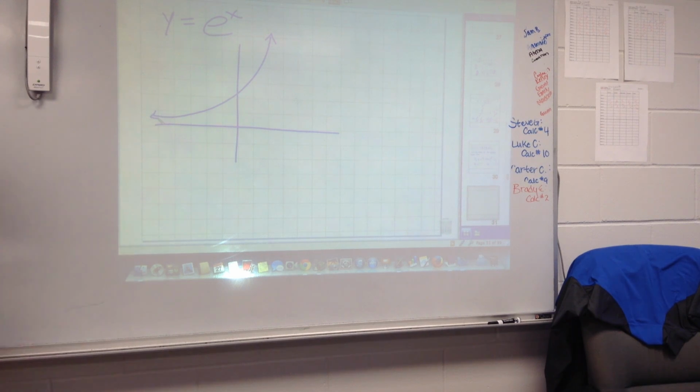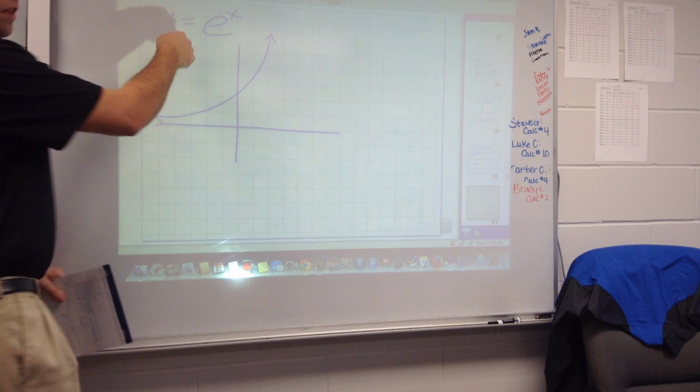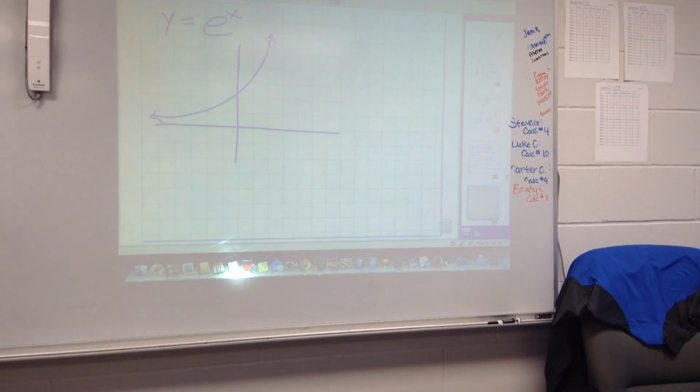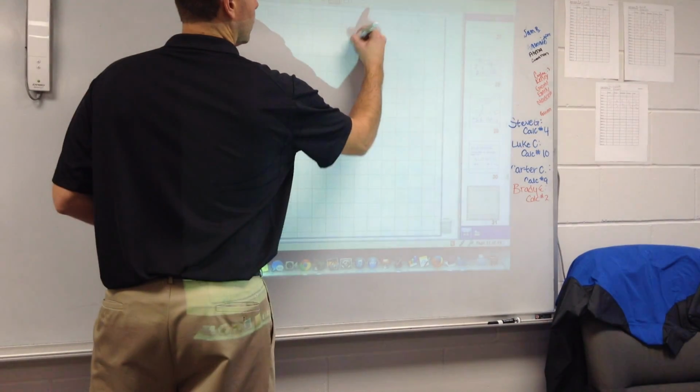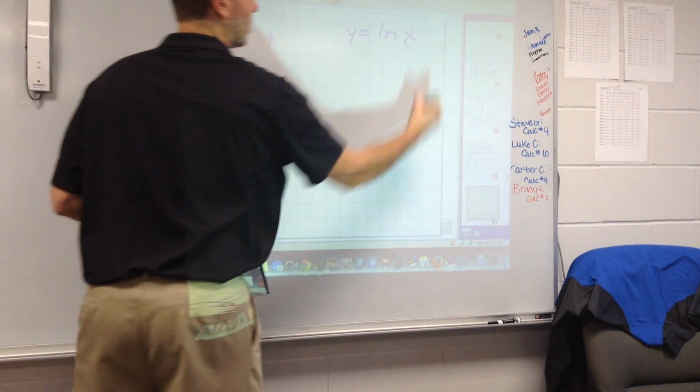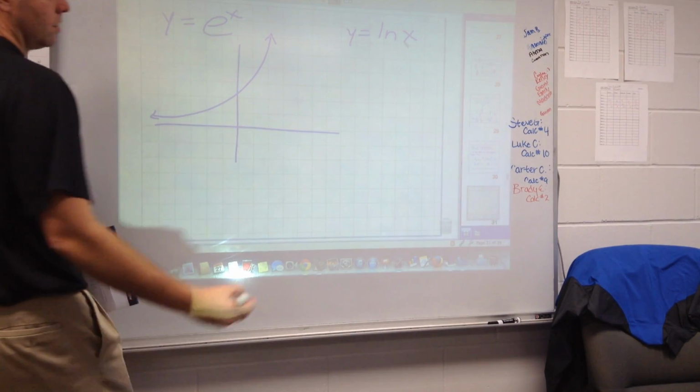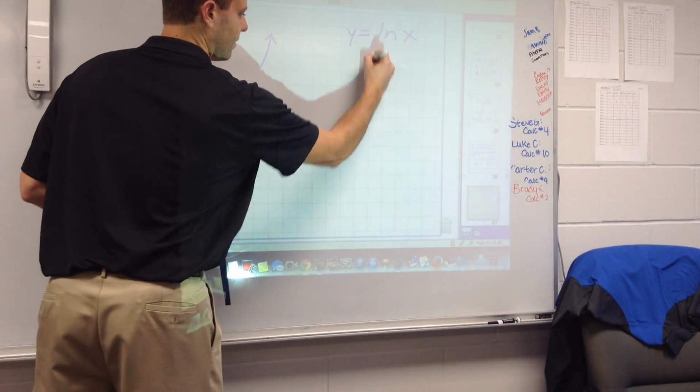Exponential growth. The inverse of e to the x power is the natural log of x. e and natural log are inverses of one another. So y equals the natural log of x, and that graph looks like this.